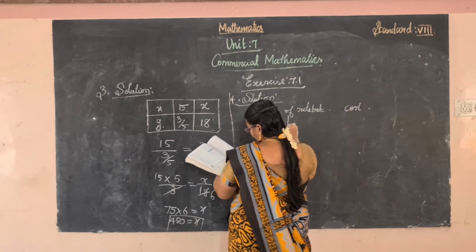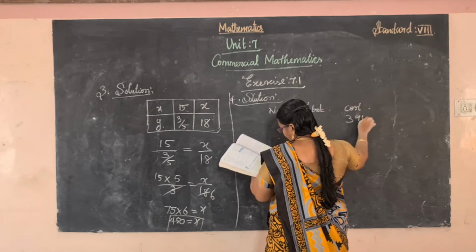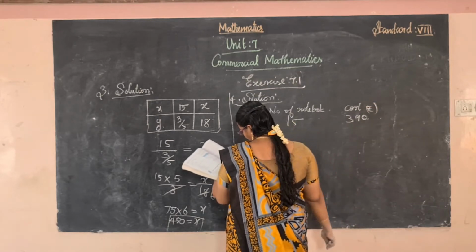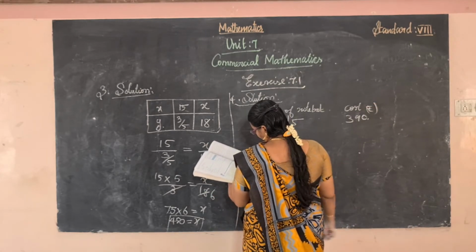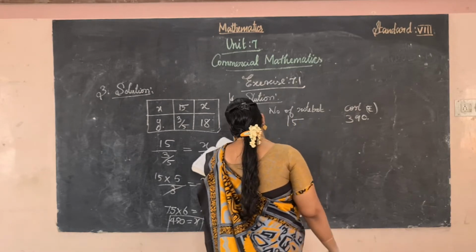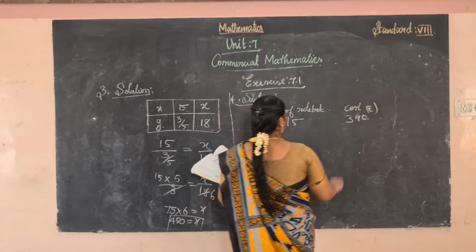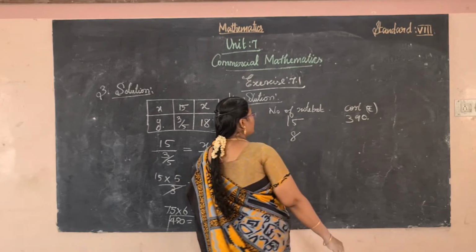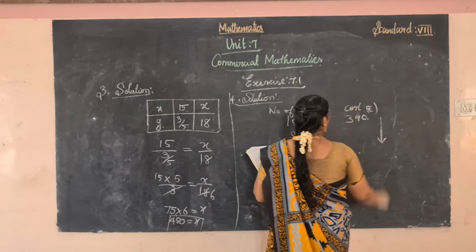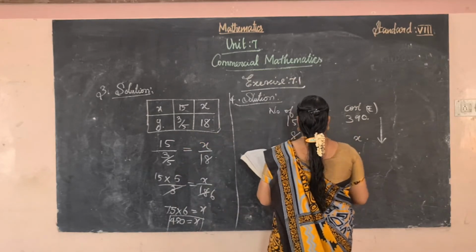So 50 notebooks cost rupees 390, cost in rupees. Then 8 such notebooks. Find the cost of 8 such notebooks. The number of notebooks is decreasing, so the cost value should also decrease. Let the cost be x.